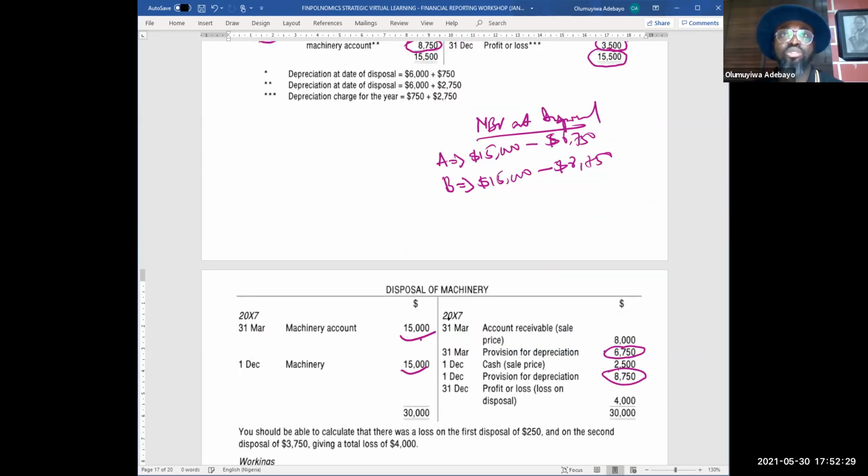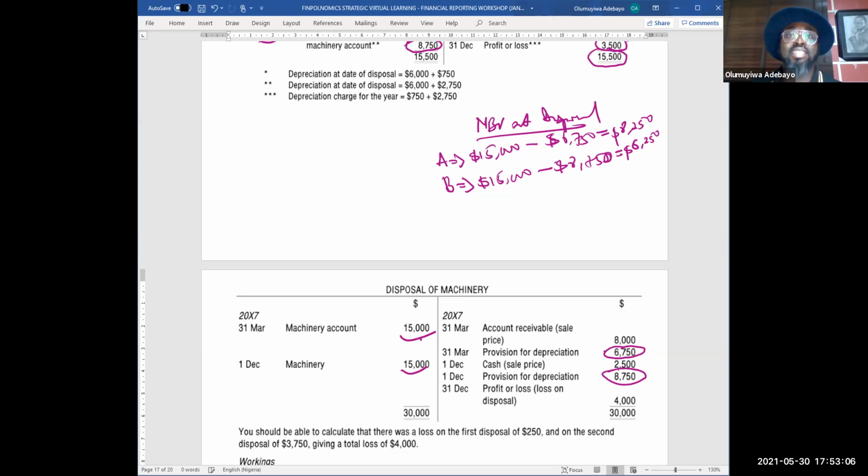If you use our calculator, what do we have? For my own calculator, 15,000 minus 6,750 will give me 8,250. And here, 15,000 minus 8,750 will give me 6,250.